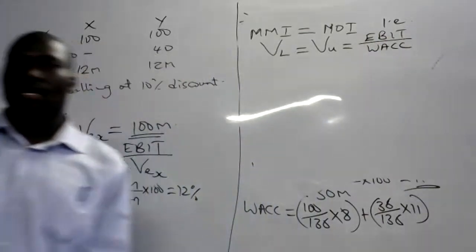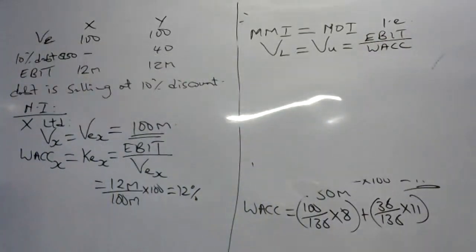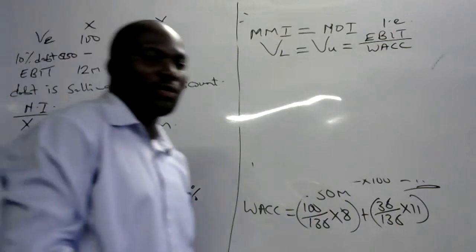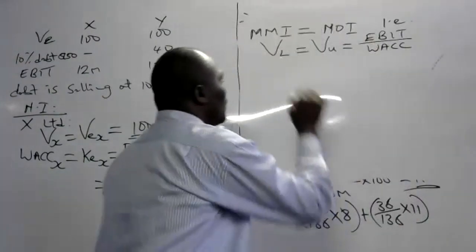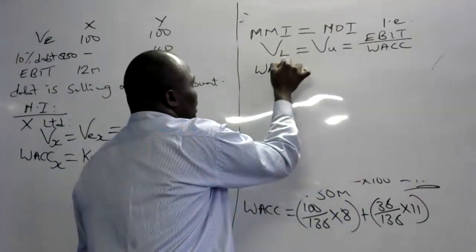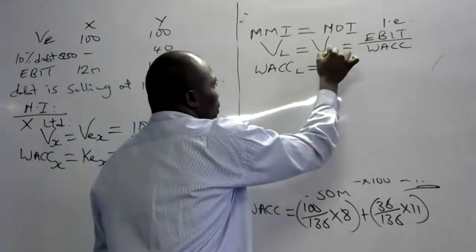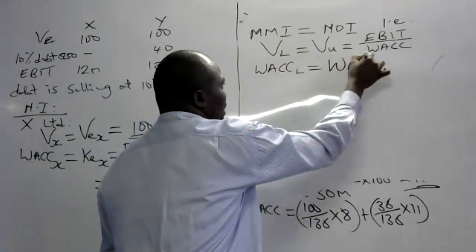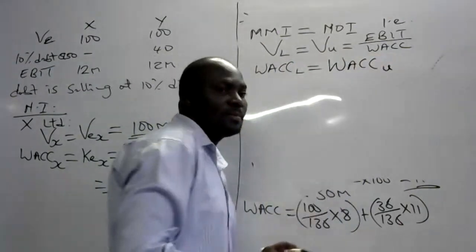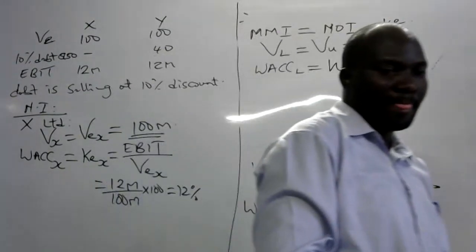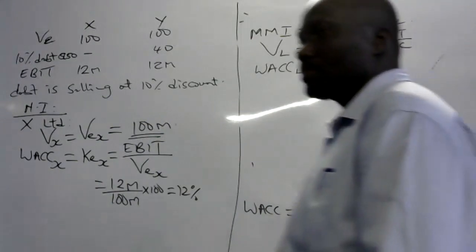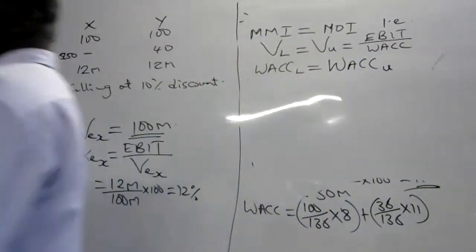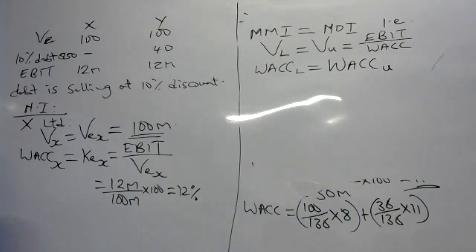Remember the formula? EBIT divided by the WACC. Then of course, the WACC of the levered firm should also equal the WACC of the unlevered firm. Then you can make a conclusion.